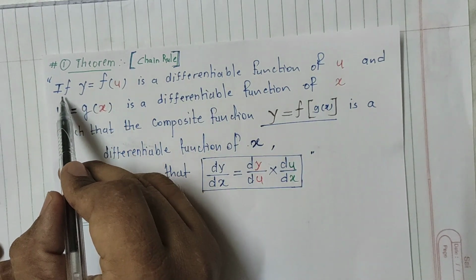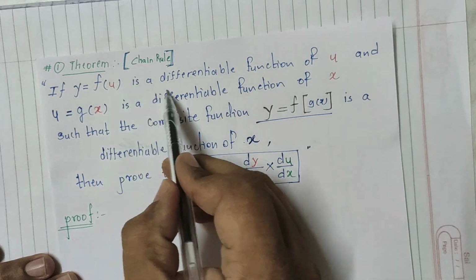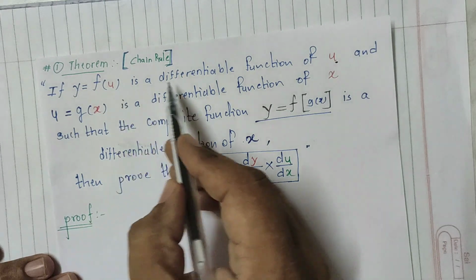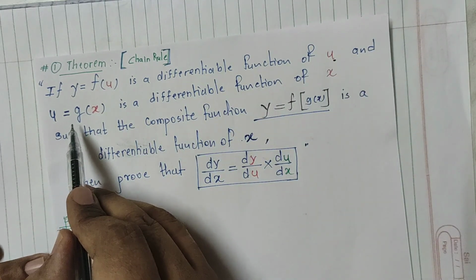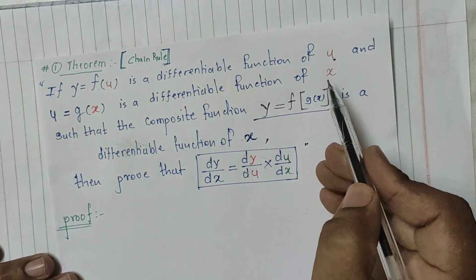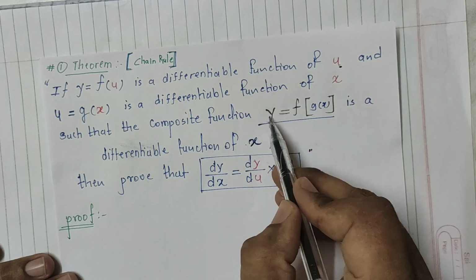If y is equal to f of u is a differentiable function of u, and u is equal to g of x is a differentiable function of x, such that the composite function is formed.